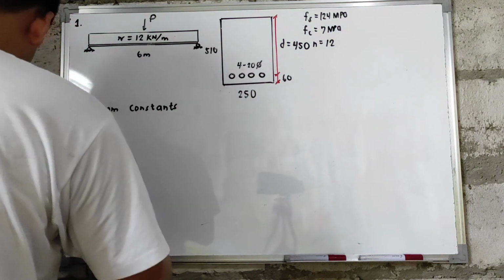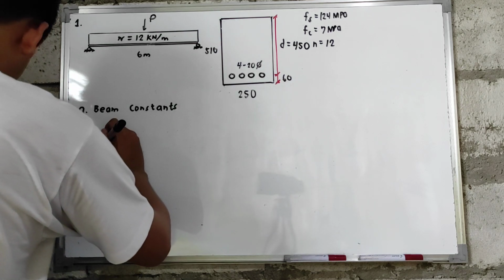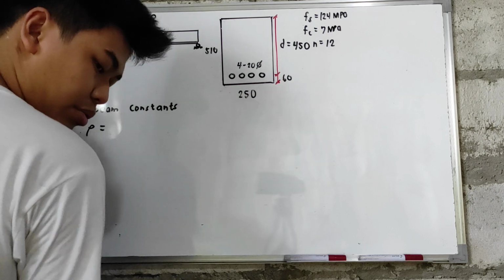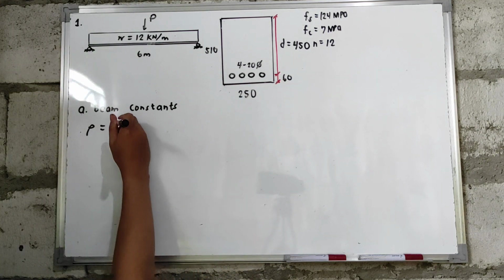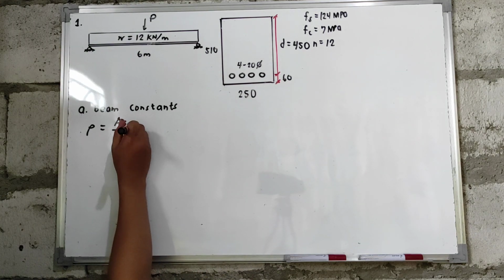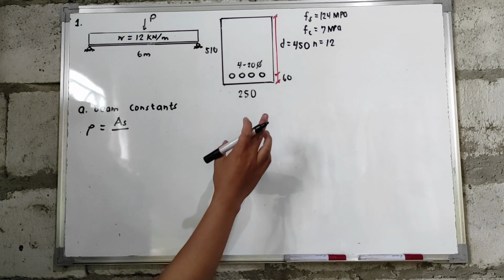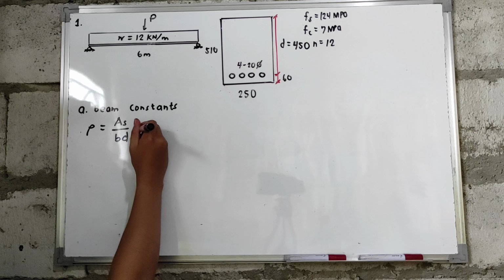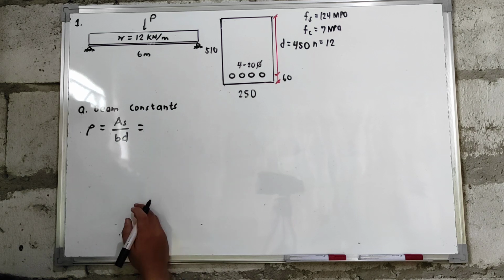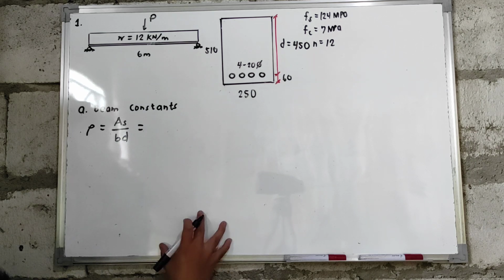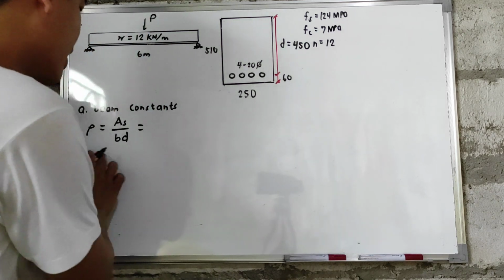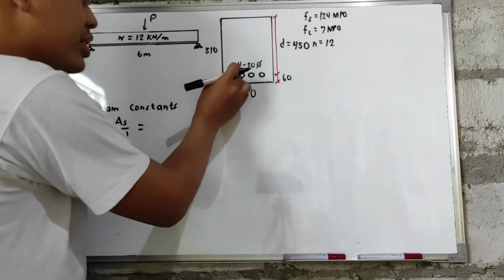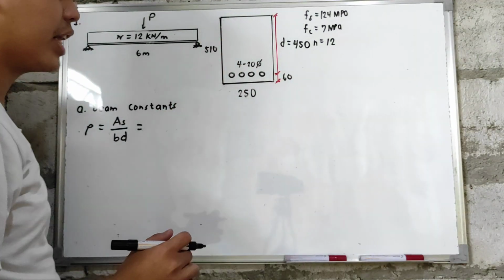So, unahin muna natin sa beam constant natin is yung value ng steel ratio natin, which is equal to area ng bakal all over yung bd natin, yung width at saka yung effective depth. So, as discussed on the previous discussion, kapag sinabi natin steel ratio, ito yung ratio ng bakal versus dun sa effective area ng concrete natin.